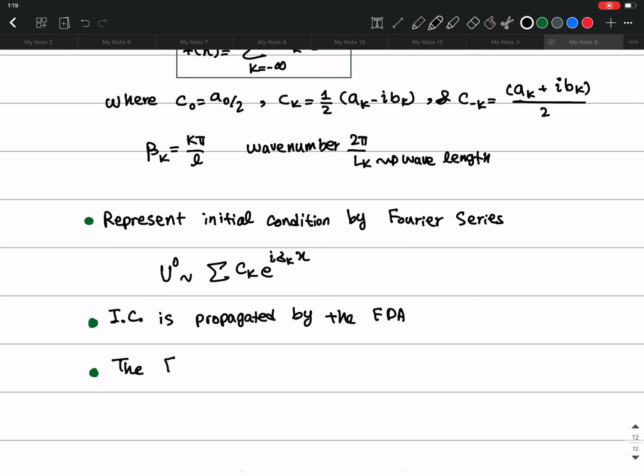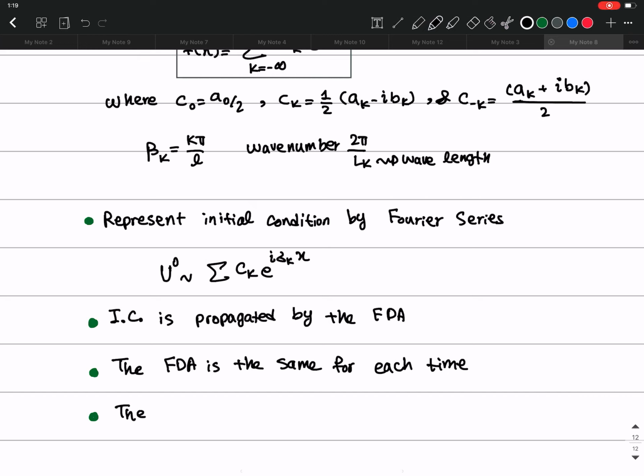Then the FDA is the same for each time step, right? It's not going to change as you change the time step. You are not going to change your spatial discretization at later times. You are going to keep the same discretization that you already had at the beginning.